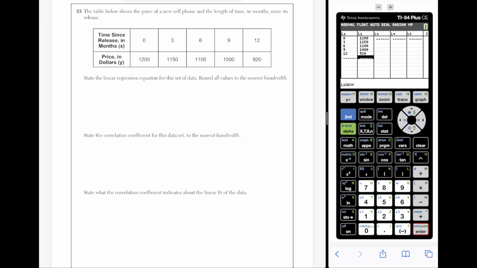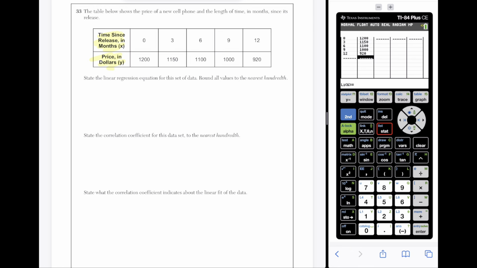Okay, so we have all our numbers in here, and what we're statistically doing is figuring out, is there a correlation between these two values? Is there a correlation between the time since it was released, in months, and the price in dollars? That's all we're looking for. Is there some type of connection?